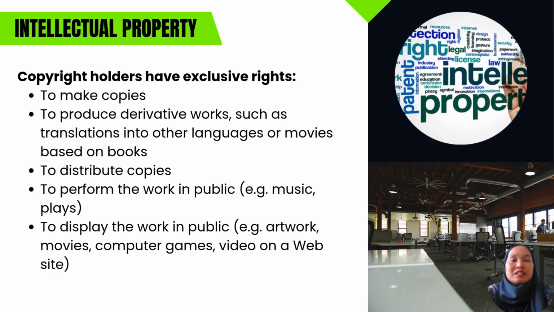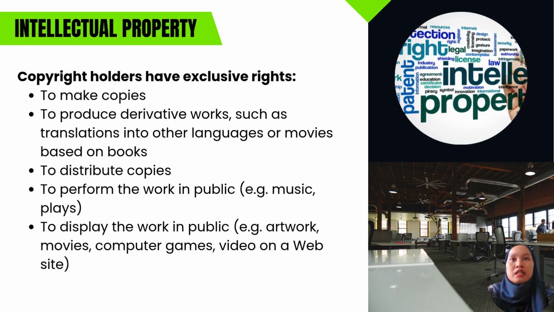This slide explains that copyright holders have five exclusive rights. You need to know what these five exclusive rights are. The first is to make a copy. The second is to produce derivative works, such as a translation into another language or a movie based on a book. The third is to distribute the copies.